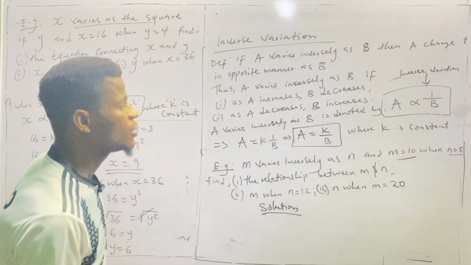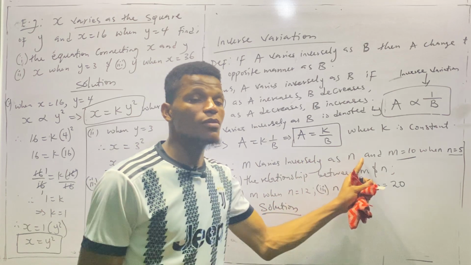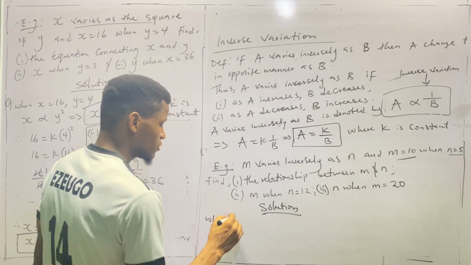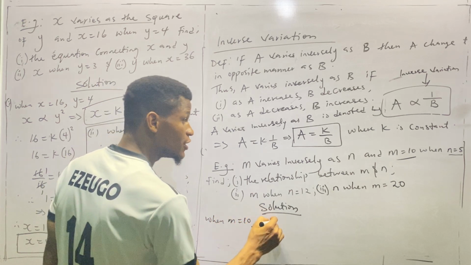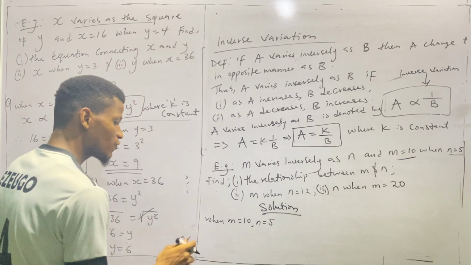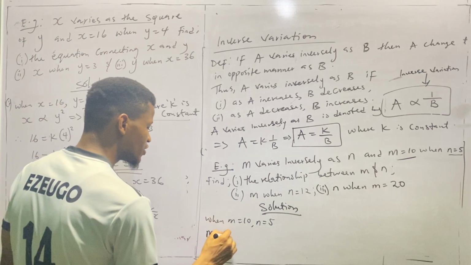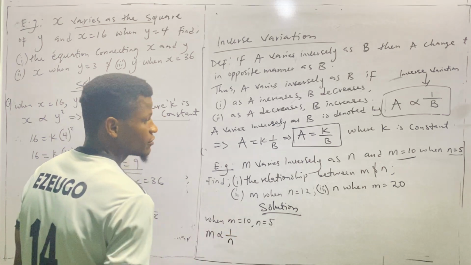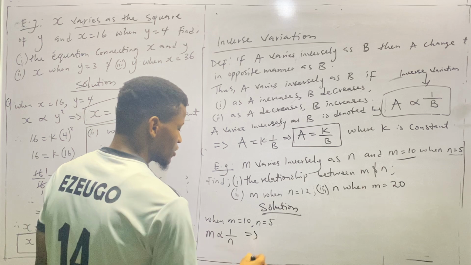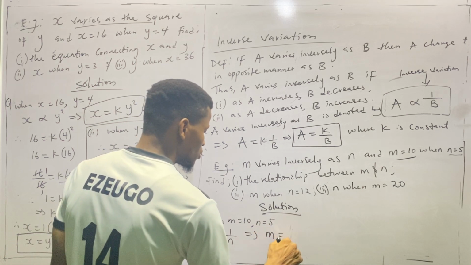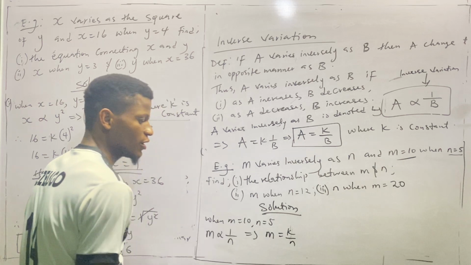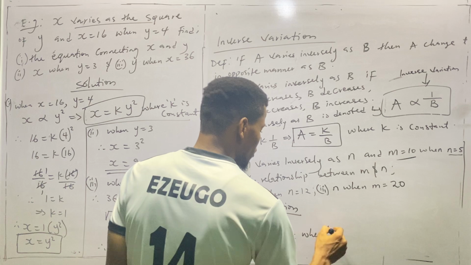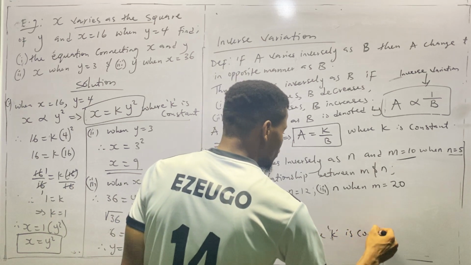So m varies inversely as n, according to the question. Then this implies that m is equal to k over n, where k is a constant.